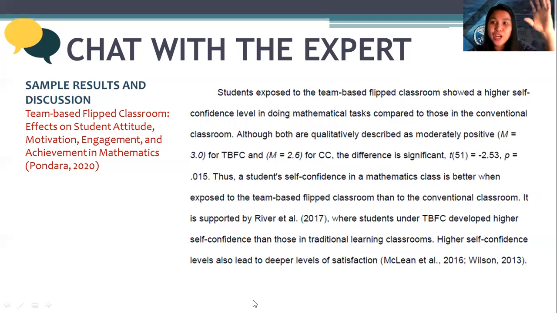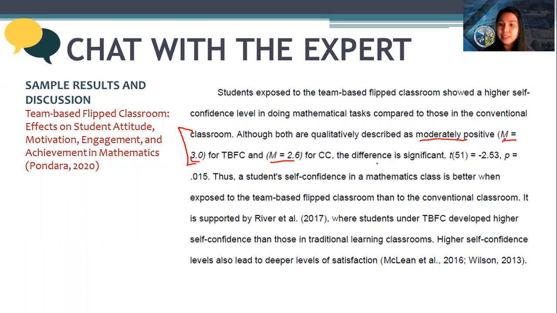Again, introduction, table, textual explanation. How will you write your textual explanation? This part. Moderately positive. If you need to write your mean, put it inside the parentheses, M equals this one, and compared to the other.